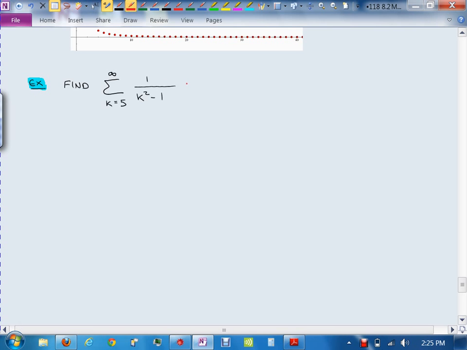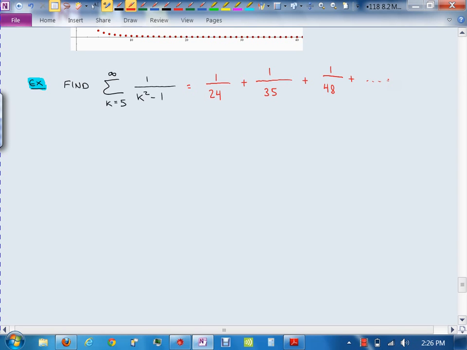This would be equal to, let's see, plug in 5 first. 1 over 24 plus 1 over, now 6 squared, 36, so 35, plus 1 over 48 plus, yep. So that just keeps going, right? I could go all day here. Now, right now what we can say is this.